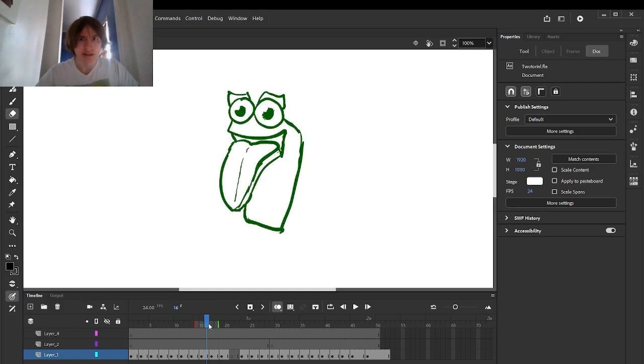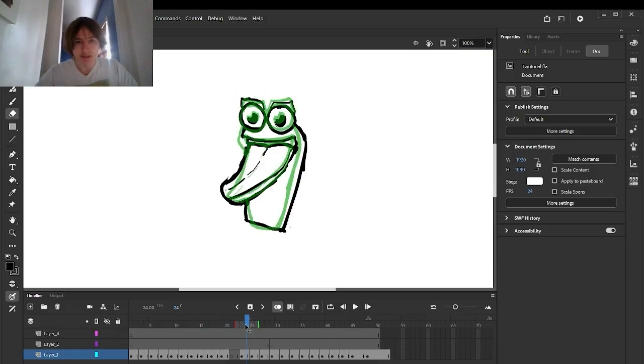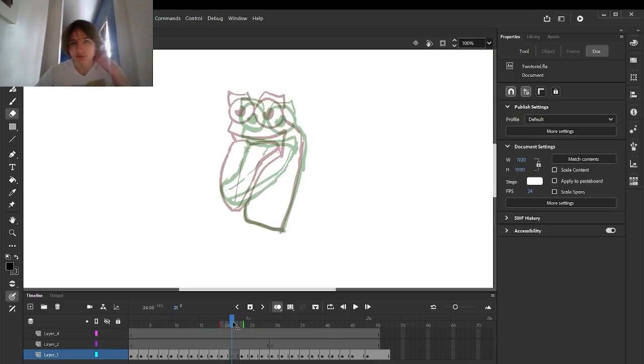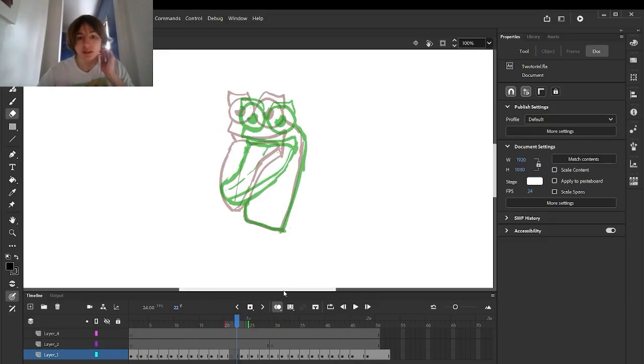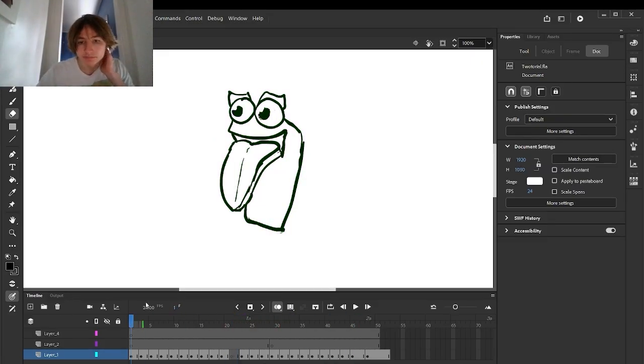I felt like it just was disconnected, and I realized that's because it didn't have good enough slow in when I was doing it, and the frames were a little bit inconsistent on how far they were spaced. So I just wanted to inform you guys that that was something that I did.